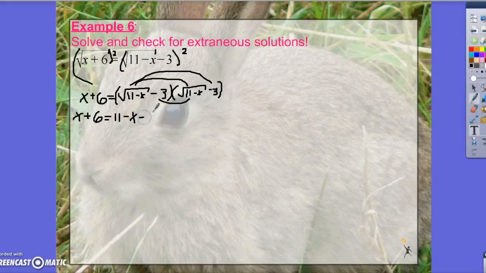Negative 3 minus 3 is negative 6. If you're okay with me doing an OI of FOIL, 11 minus x inside the root. So I did the OI together. And the last, negative 3 times negative 3, is positive 9. So I evaluated FOIL, combining the OI here. Now, let's see what else we could simplify.